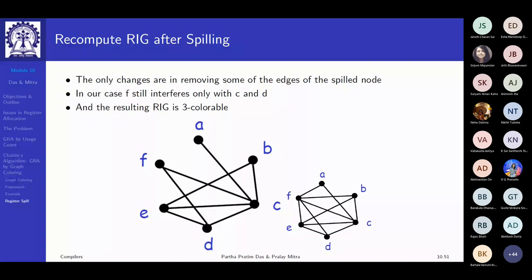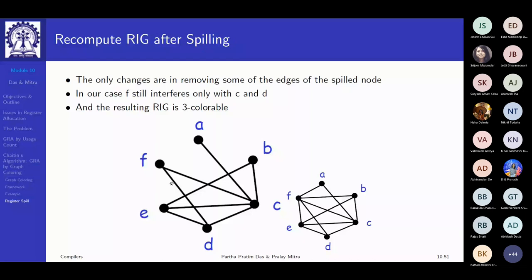So now if you look at, this was on right, this was the original register interference graph. And with this change, naturally F, as we see, no longer interferes with A or with E. It just interferes with C and D, which happen in between.